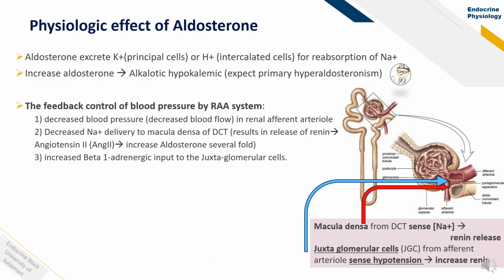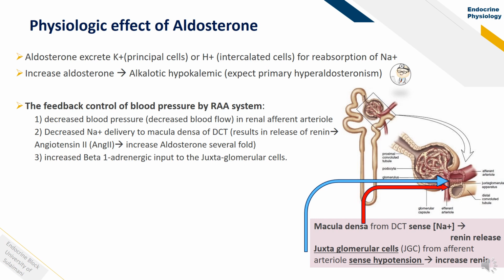Physiological effect of aldosterone. Aldosterone, we said, causes sodium and water absorption, so water retention, which is good for blood pressure. But when it reabsorbs sodium, it will secrete potassium and H through the kidney tubular cells for absorption of Na.